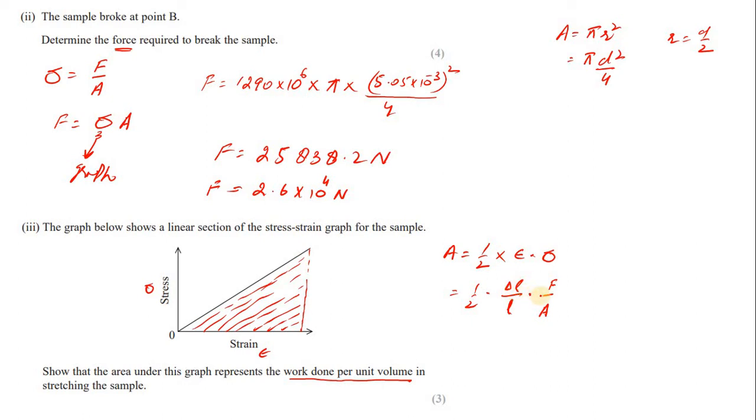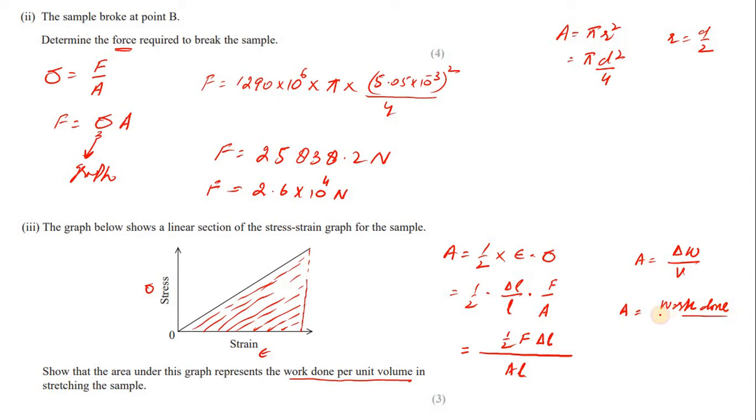But if you recall, work done is not F delta L, but half of F delta L. So I am rearranging this equation as, watch carefully, half of F delta L upon A into L. Clearly, half of F delta L is work done divided by A into L, area multiplied by length. This is volume.